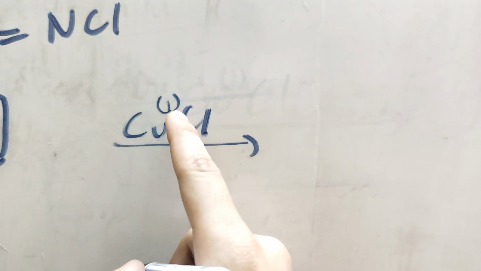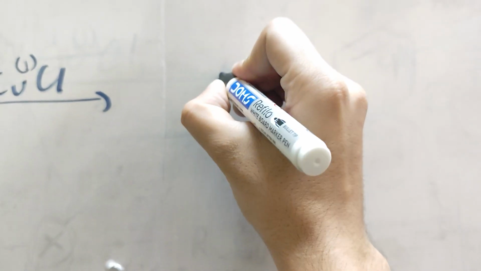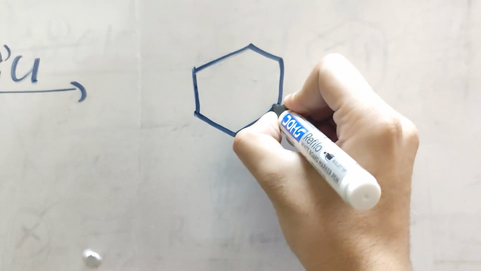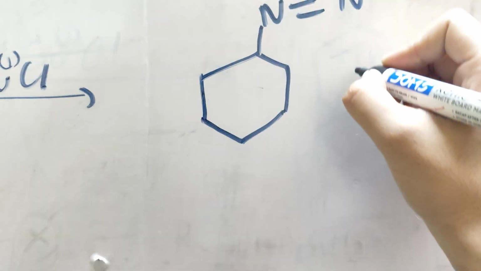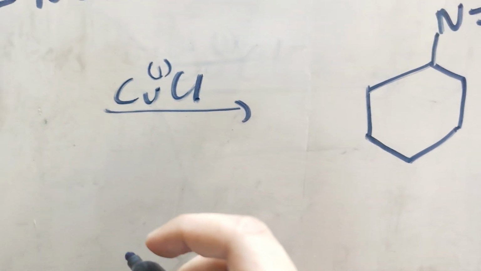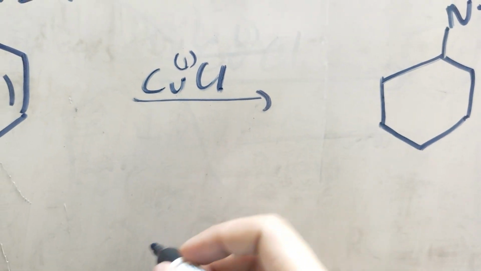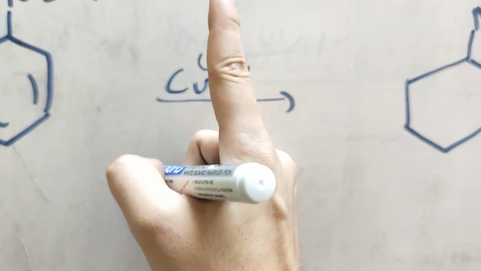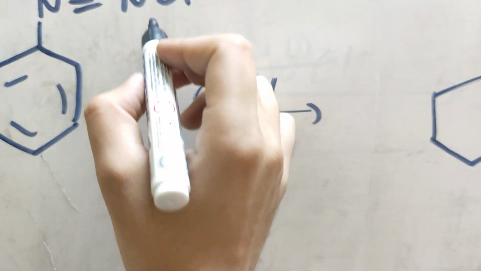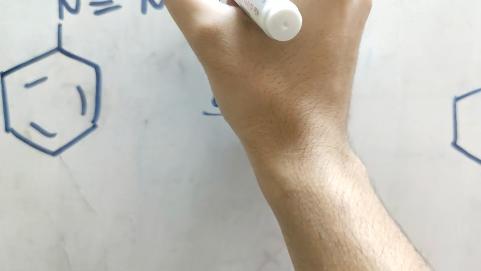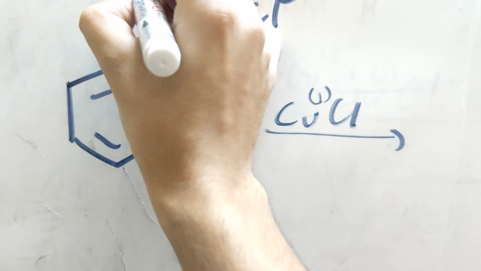So this is Cu(I)Cl. What will happen now is, at the very first there is single electron transfer, the transfer of one electron from copper to one of the nitrogens. This has the negative charge, this has the positive charge.